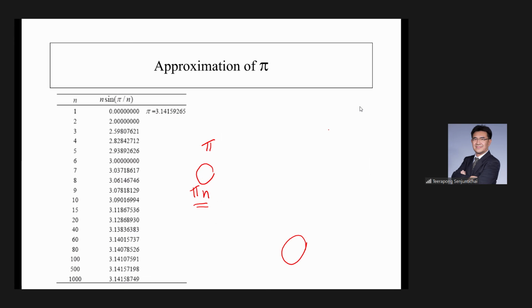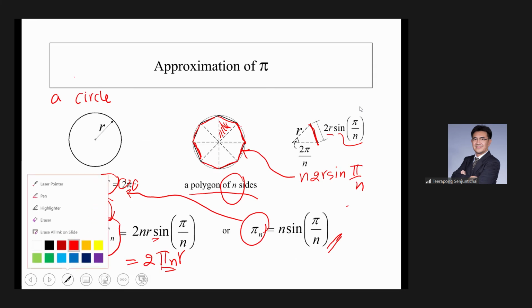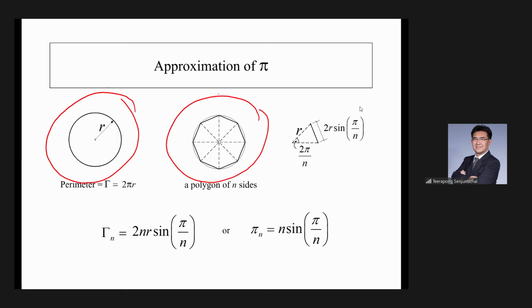Now you may ask me, which of course you should ask, why do we need to do this? Since we know that the perimeter of the circle is always 2 pi r. Of course, that's true. You don't need to go through all this trouble to compute the perimeter of a circle like a polygon. Of course you don't.